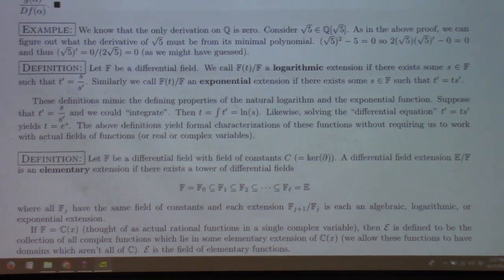So, for example, he says if we take the field of rational functions C of x, and if E is defined to be the collection of all complex functions which lie in some elementary extension of C of x, then E is the field of elementary functions. So we can start with rational functions in a complex variable and look at all possible elementary extensions. That gives us the field of elementary functions.